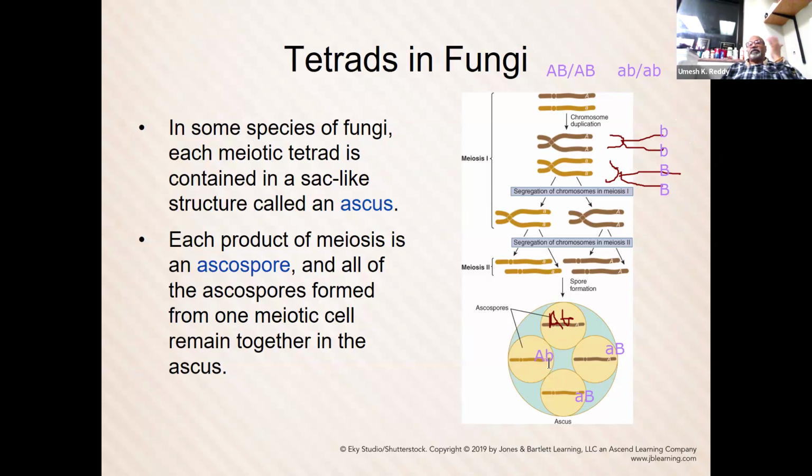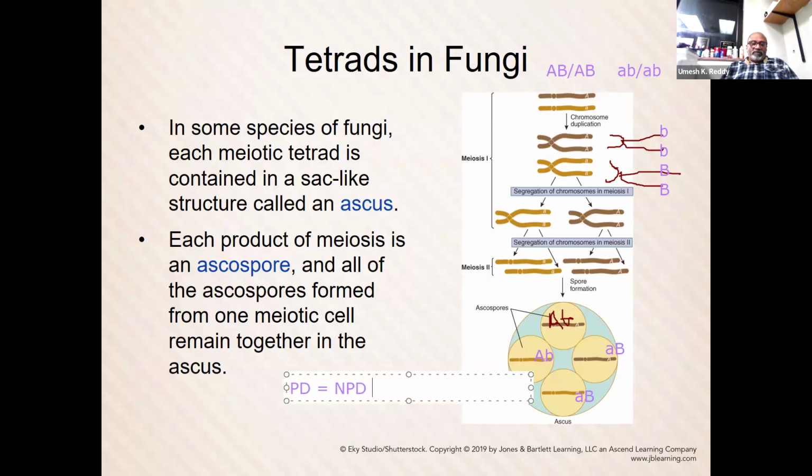If you are seeing 100% non-parental ditypes or 100% parental ditype, what are you going to conclude? I am asking you. Or let me ask another way. Parental ditype is exactly equal to non-parental ditype. What does it mean? What do you infer from that?